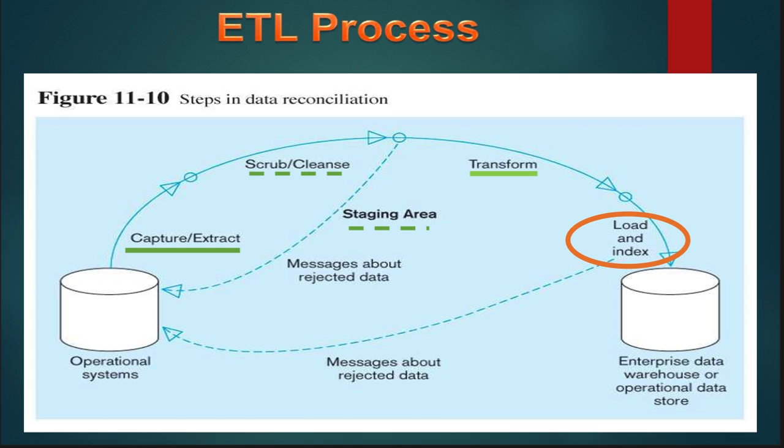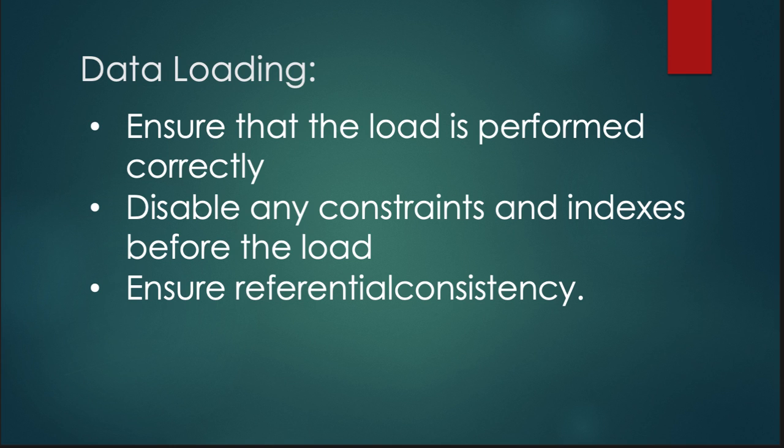Here on the chart we see the load prior to the enterprise. You need to ensure that the load is performed and uploaded correctly. Any constraints or indexes should be disabled, and also ensure referential consistency.